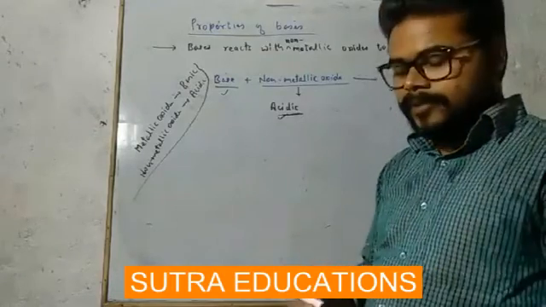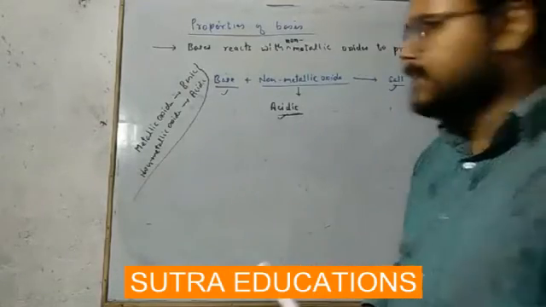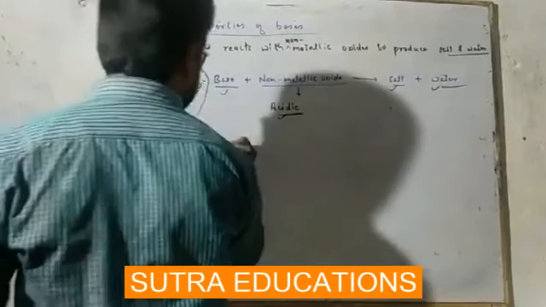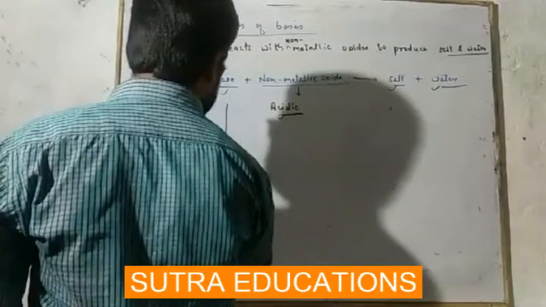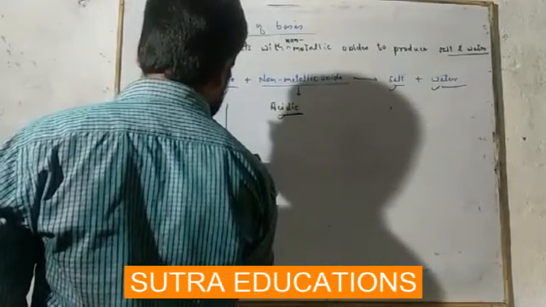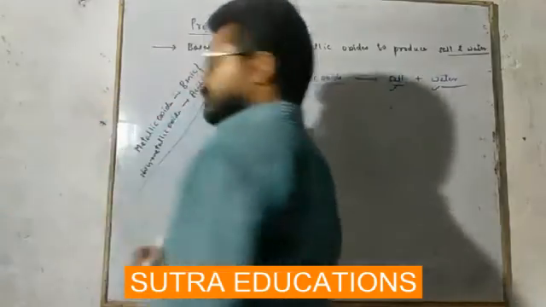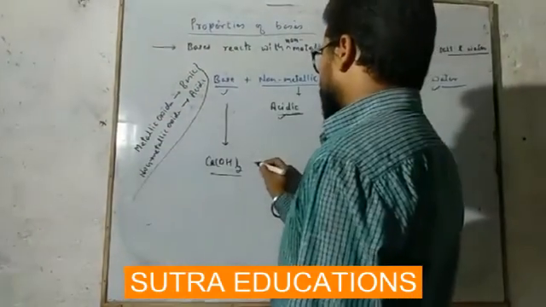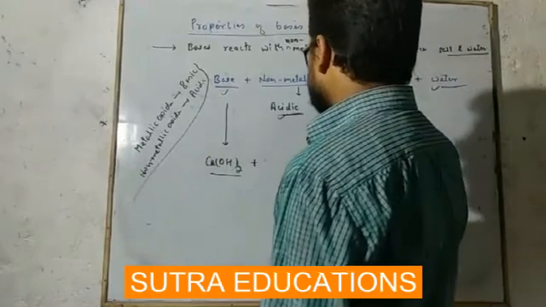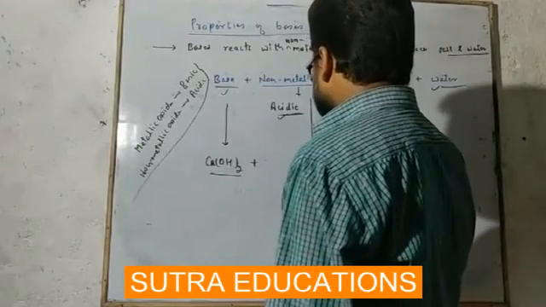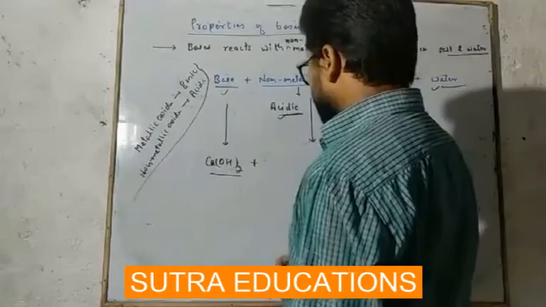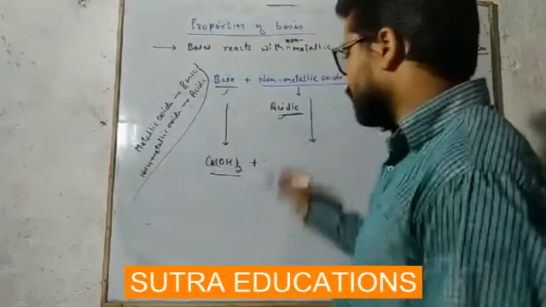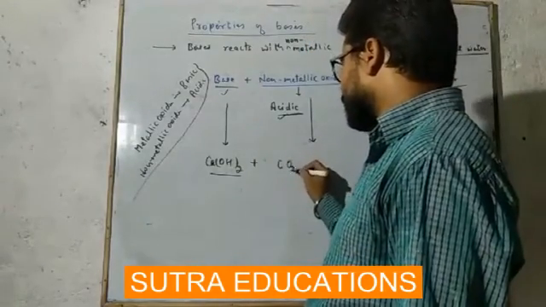So take a base, say it is calcium hydroxide, Ca(OH)2, plus acid, say a non-metallic oxide. Carbon is a non-metal and its oxide, carbon dioxide, will be acidic.